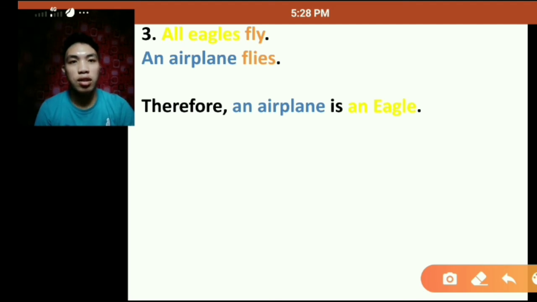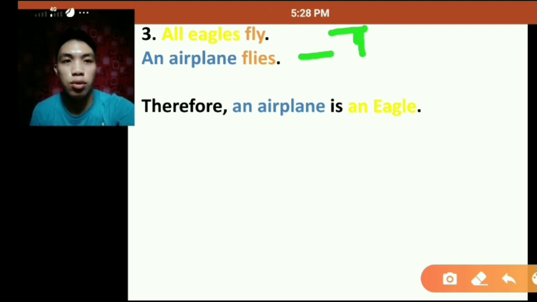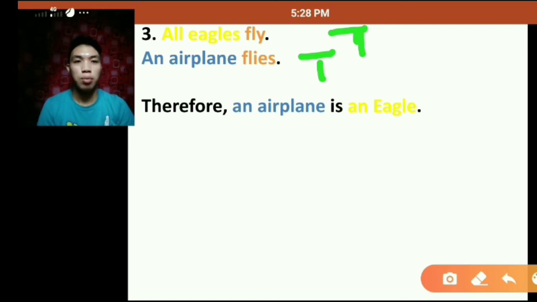All eagles fly, based on the statement. So true based on the statement. An airplane flies. So this is true. We can actually see that an airplane flies.